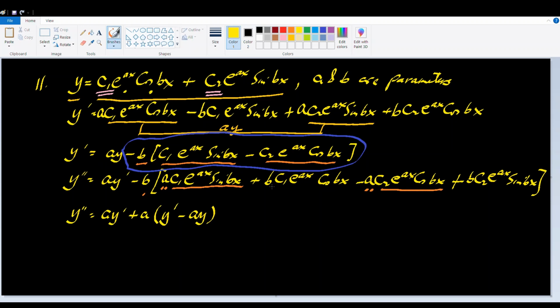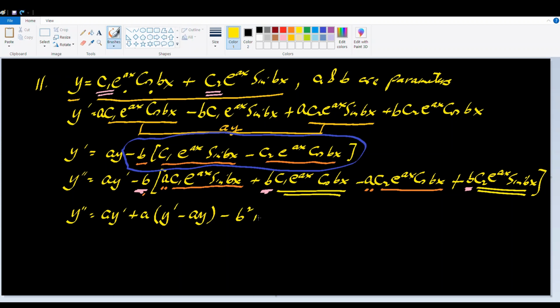Alright, and then what do we have here? From the two remaining terms, we can factor the b. Let me use another color there. We can factor the b here, right? Together with the b in front. So that will be negative b squared, and c1 e to the ax cosine bx plus c2 e to the ax sine bx is equivalent to y. Right?